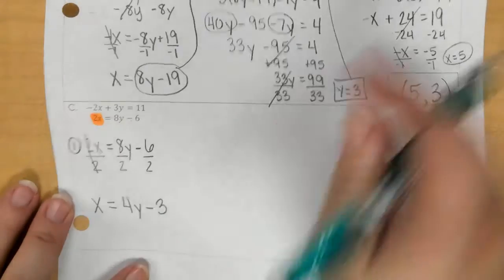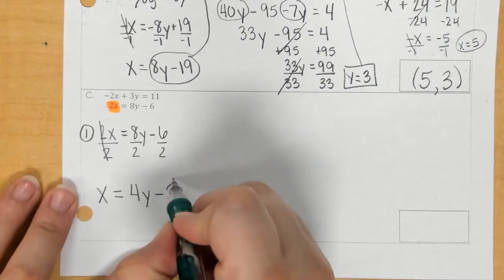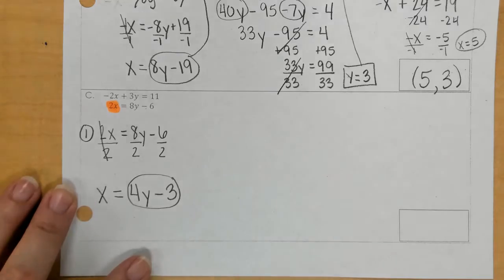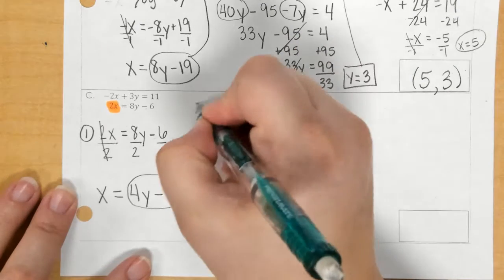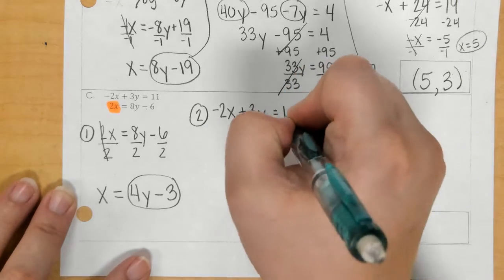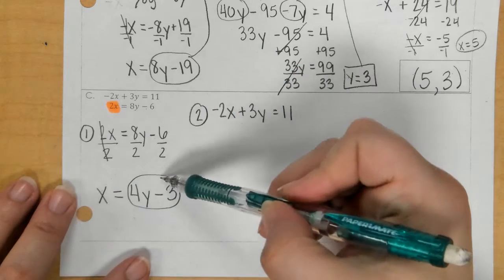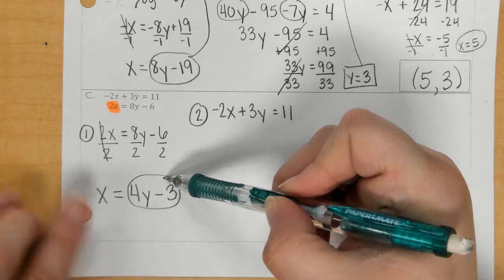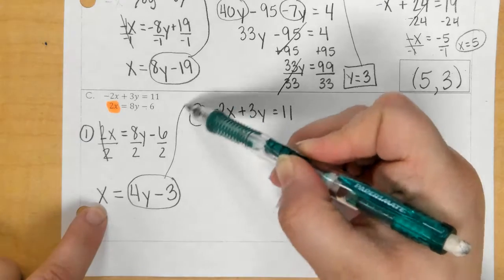And the expression that equals x is 4y minus 3. Step 2, use the other equation. Plug the expression from step 1 into x.